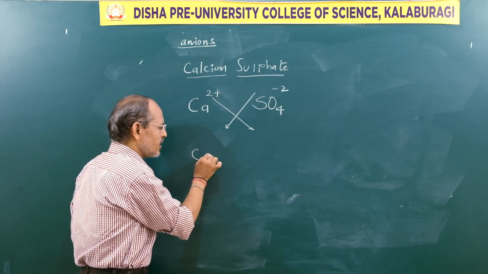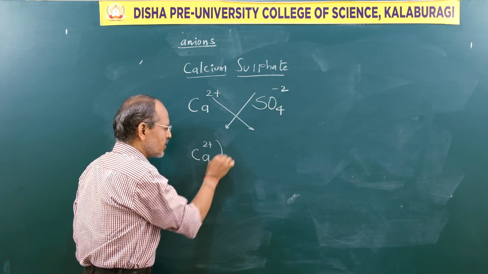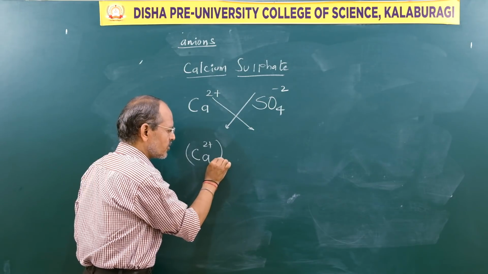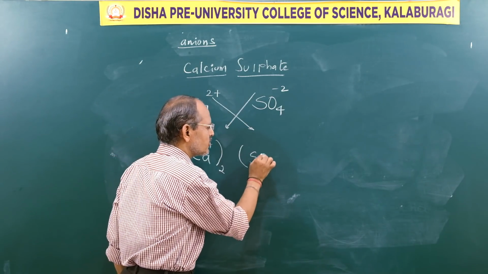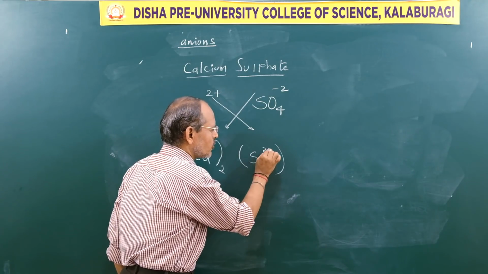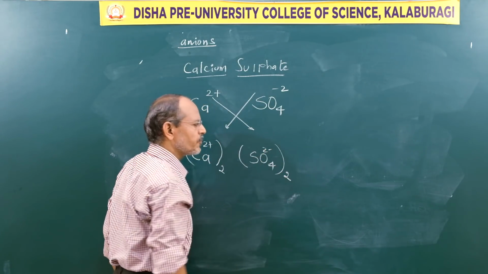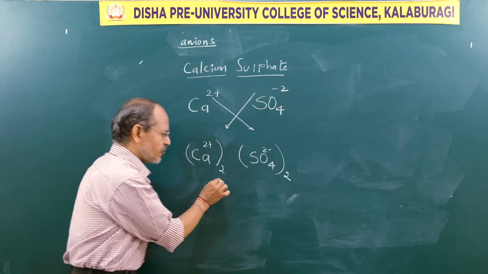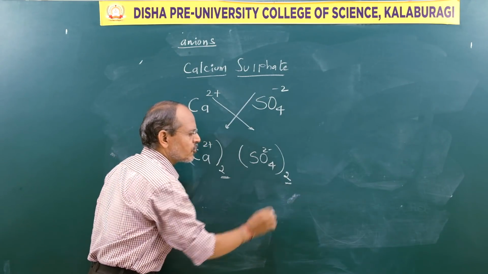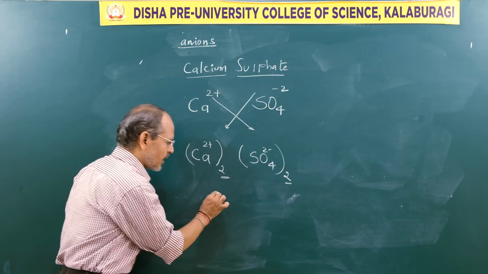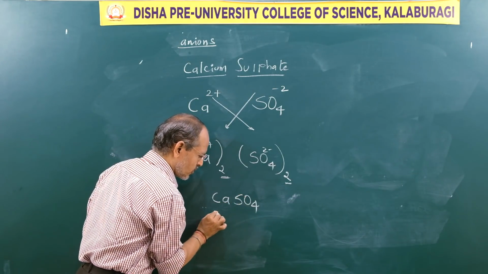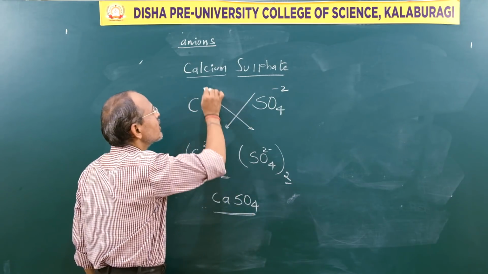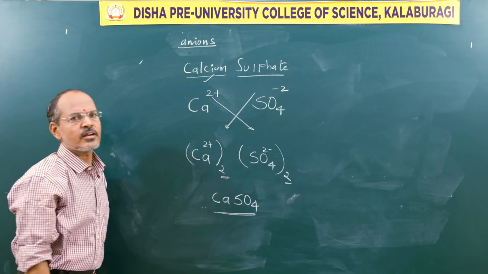So Ca2+ 2 times, and then sulfate with 2- 2. The ratio will be the same, 1:1. Therefore, I can write CaSO4. That is the formula of calcium sulfate.